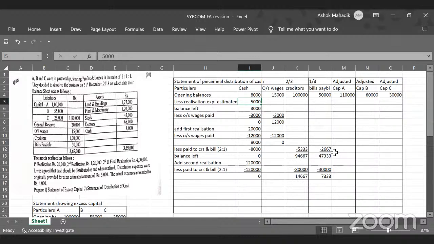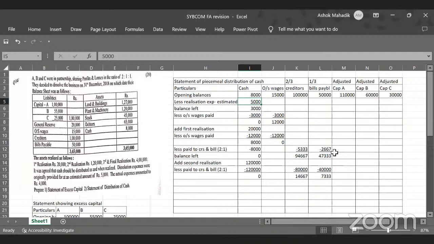So from 15,000, I have paid 3,000. The balance 12,000 is left, and I was out of cash. So I added the first realization, which was 20,000, and cleared outstanding wages in full, 12,000. My cash balance left is 8,000. Outstanding wages became 0.